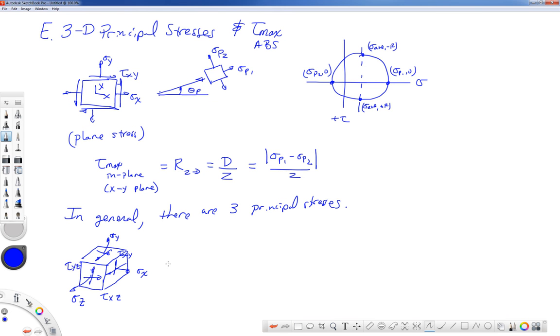There are also stresses on the back faces that I'm not drawing in. So this is a general state of stress.